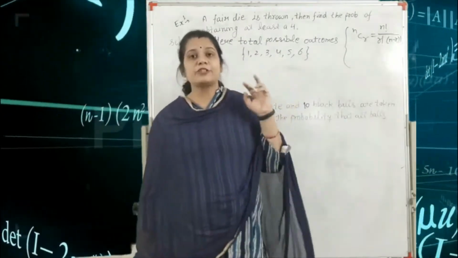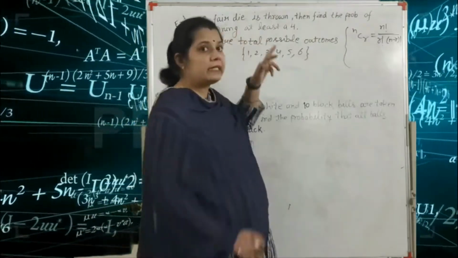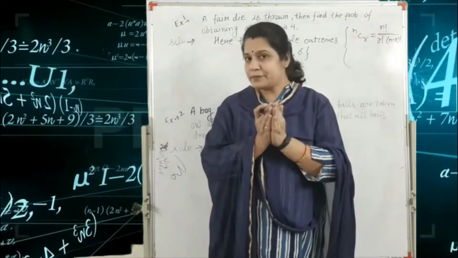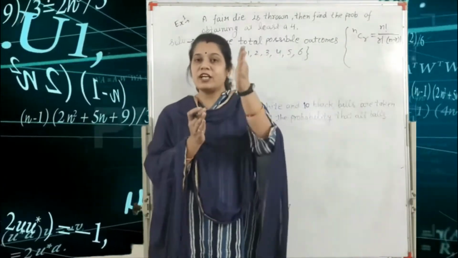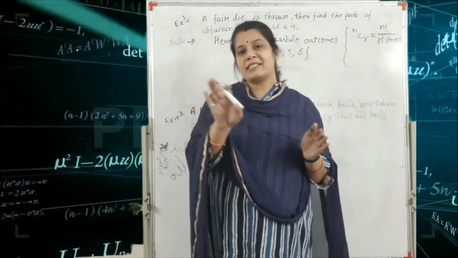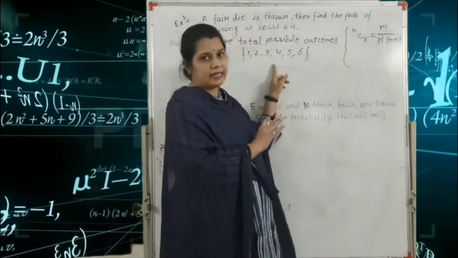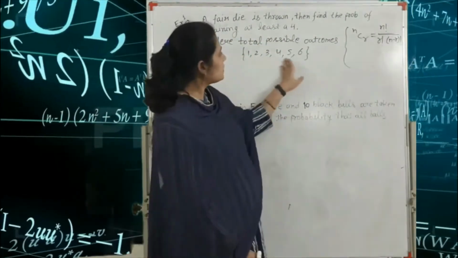But our question is: find the probability of obtaining at least a 4. That means 4 is your lower limit, at least a 4, and your maximum limit is not restricted according to your question. So this is your set, and this is your total possibility.